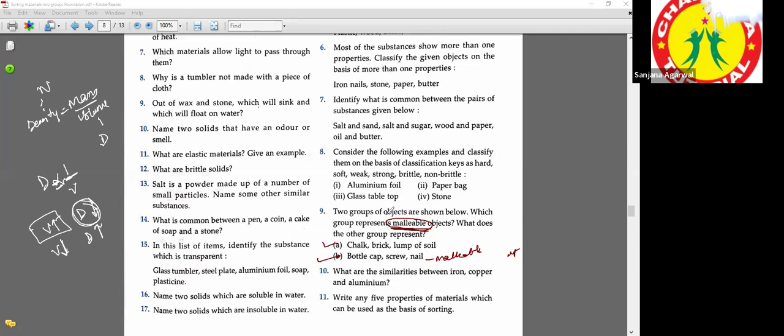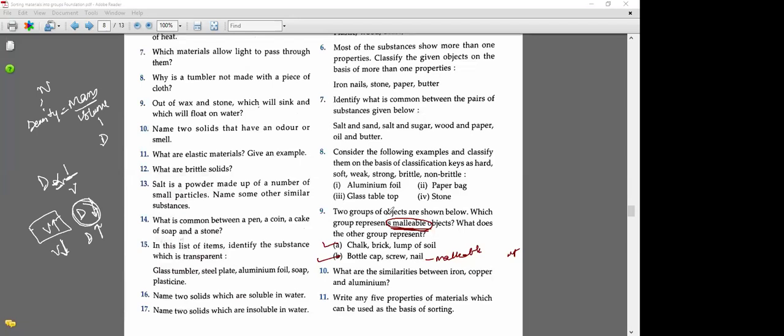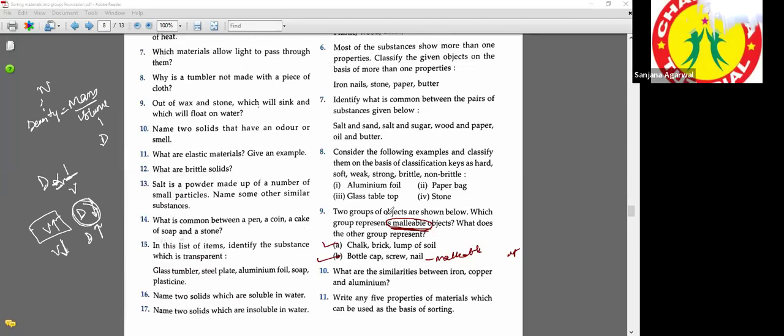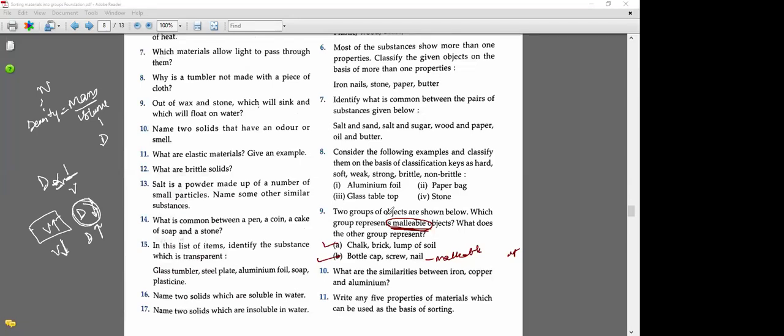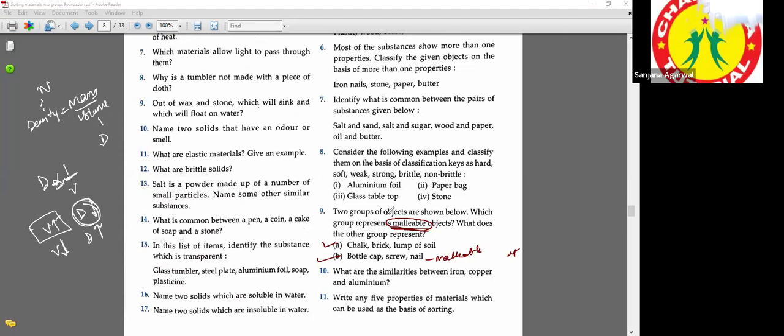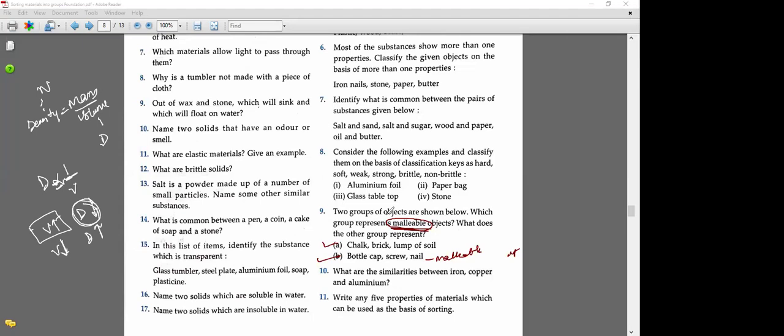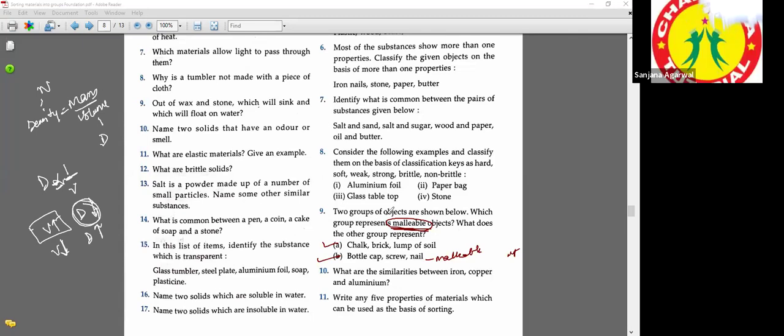Ma'am, can I? Please. Ma'am, the A group represents insoluble substances. Can you please repeat just once more? Ma'am, the A group represents insoluble substances. Okay, great, insoluble, fine.